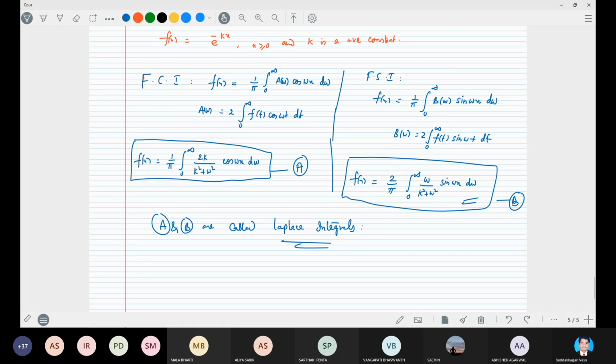They are also called the Laplace integrals. They are special cases, right? So like that we can do the problems.